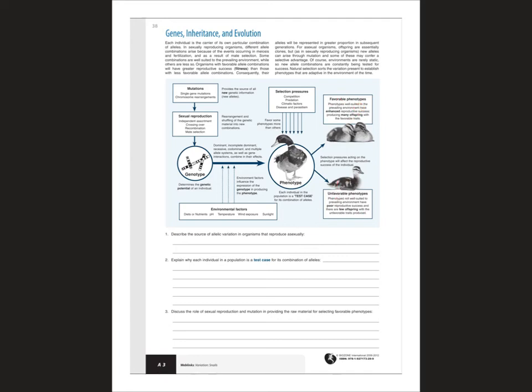Either those individuals are going to be able to perform well in that environment, or they're not going to be able to perform well in that environment. Either they're going to be selected for, they're favorable, or selected against, they're unfavorable. So if they're unfavorable, they won't live as long, they won't have as many offspring. They won't be able to get as much food, that kind of thing.